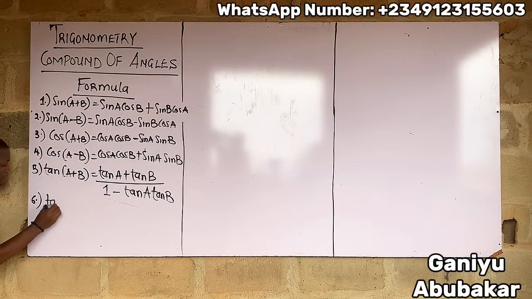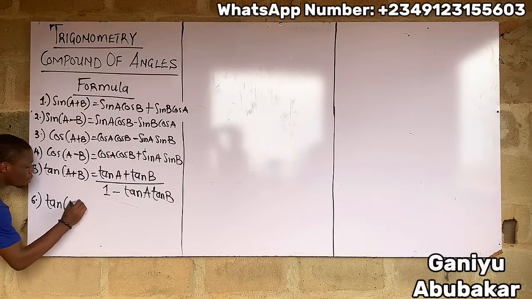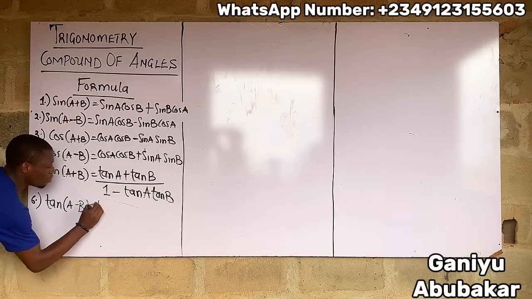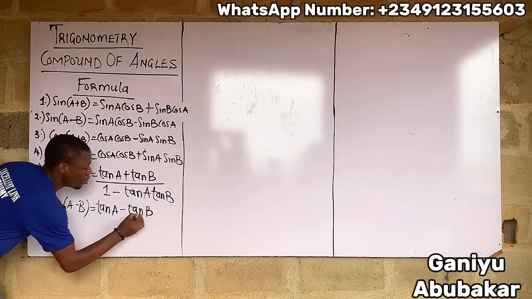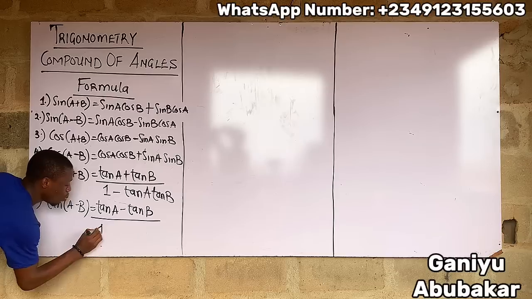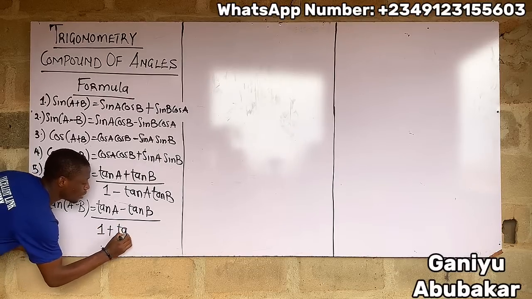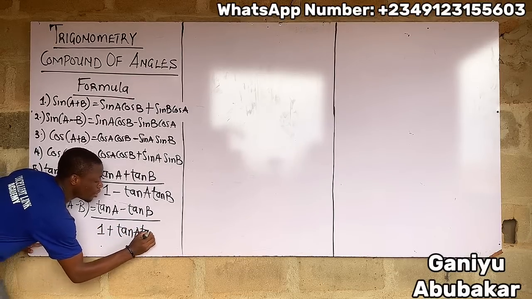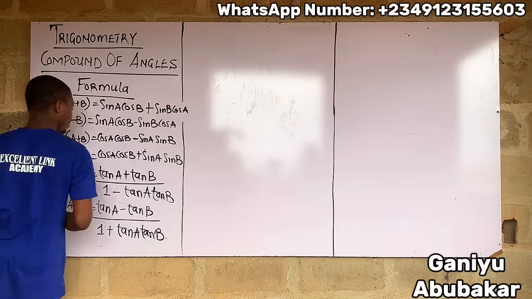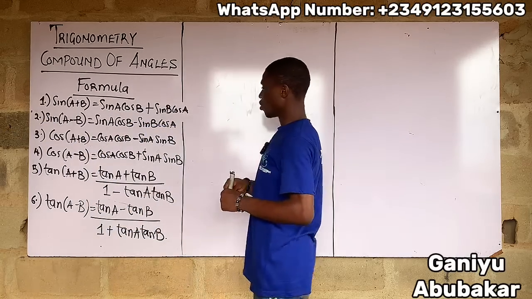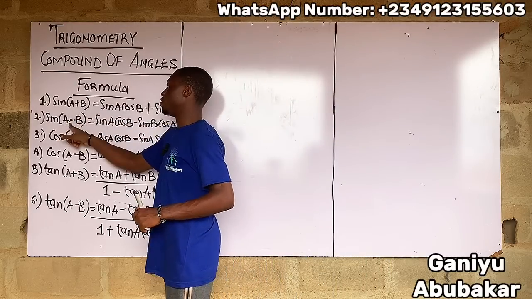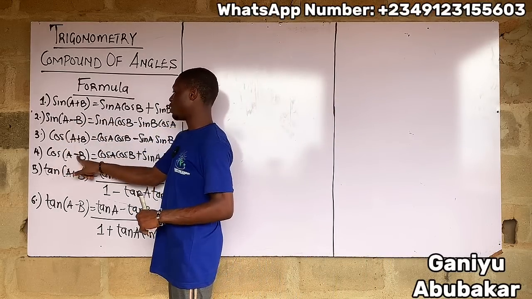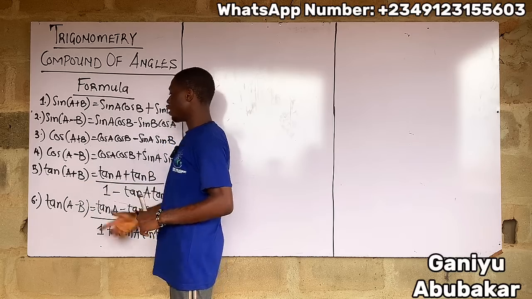If I have tan A minus B, I'll have tan A minus tan B all over 1 plus tan A tan B. So I have this expression in front of you, ranging from sine positive, sine negative, cos positive, cos negative, tan positive, tan negative.